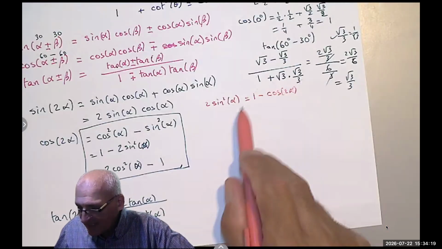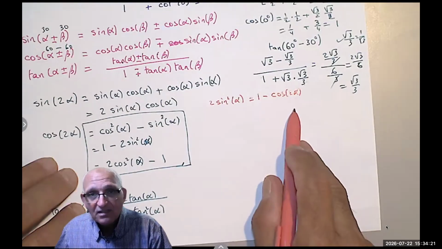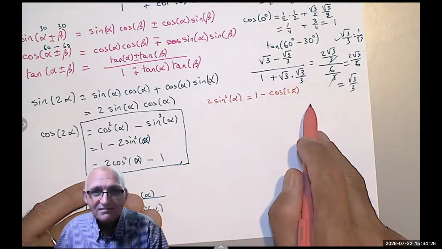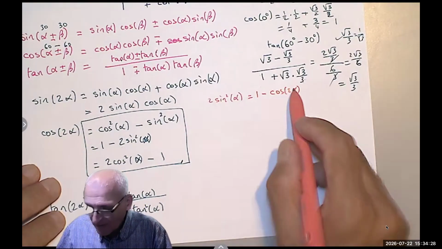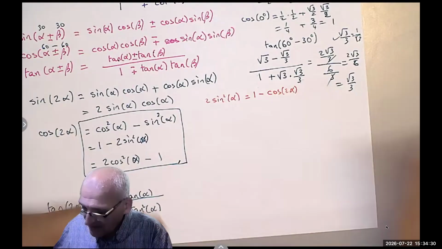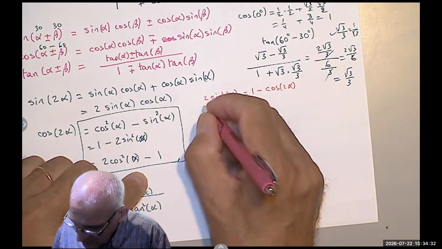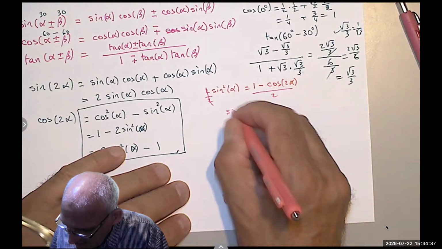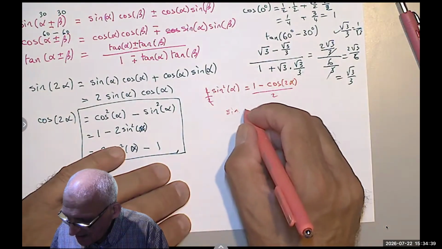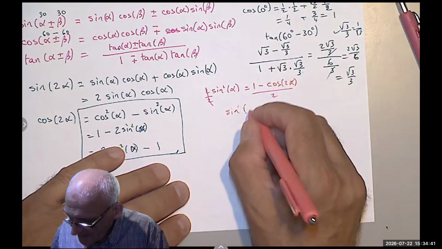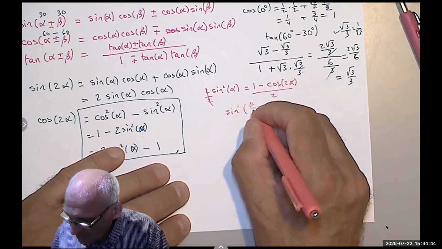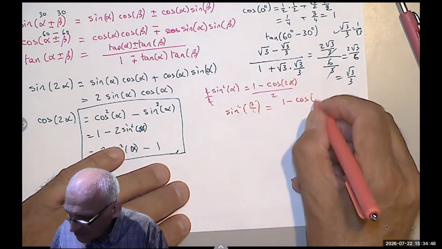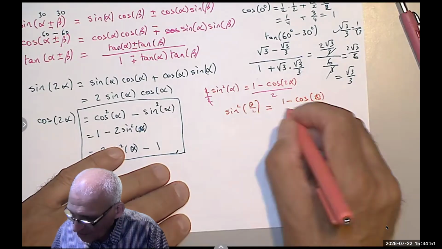Now, instead of using alpha and 2 alpha, I use 1/2 theta and theta. It's the same thing. This is twice that. And then divide both sides by 2. So I get sine square theta over 2 equals 1 minus cos theta over 2.